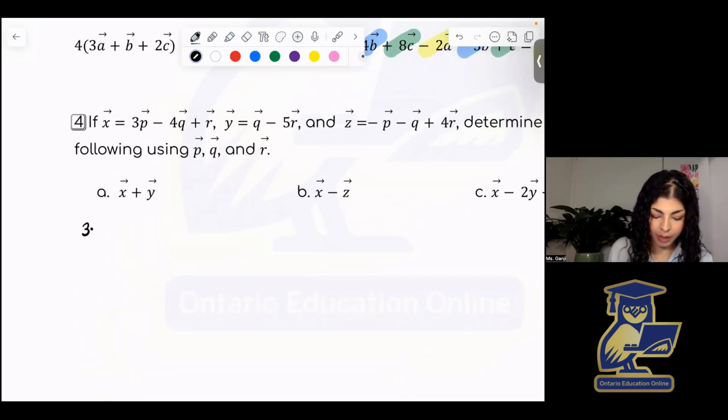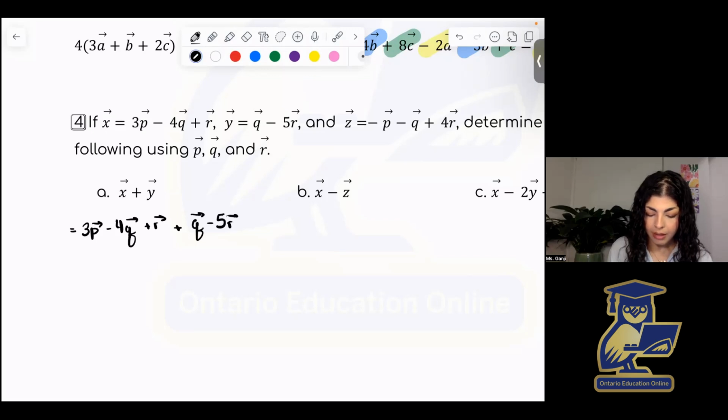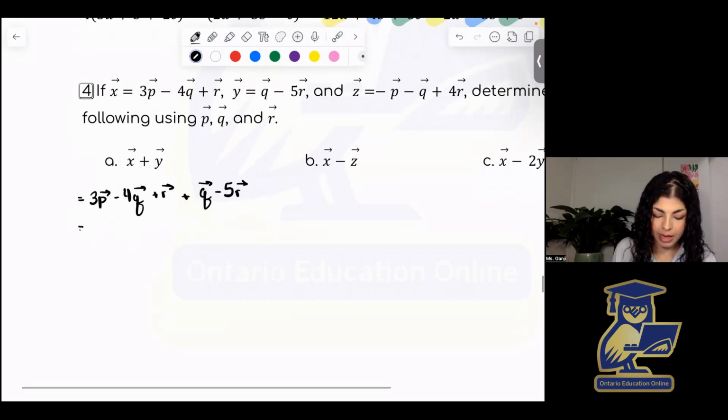So first I'm just going to write 3p minus 4q plus r, and then I'm going to add y here, so q minus 5r.